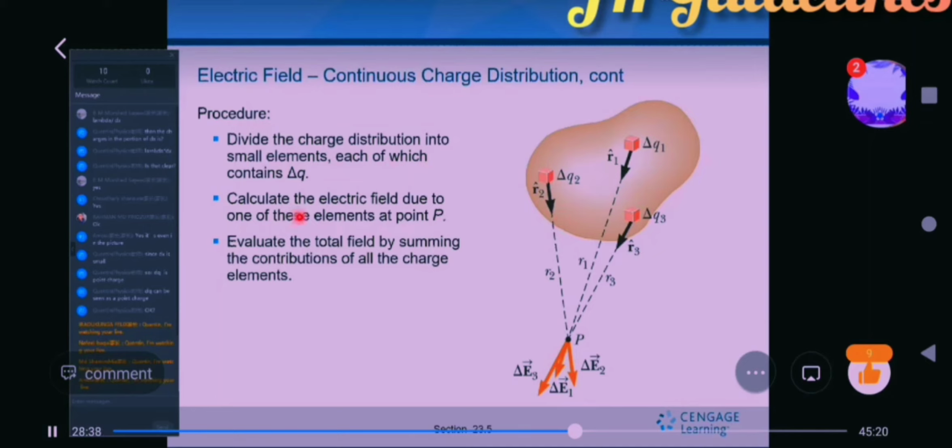We calculated the electric field due to one of these elements at point P. That's what we did. Now, the third step is to evaluate the total field by summing the contributions of all the charge elements.